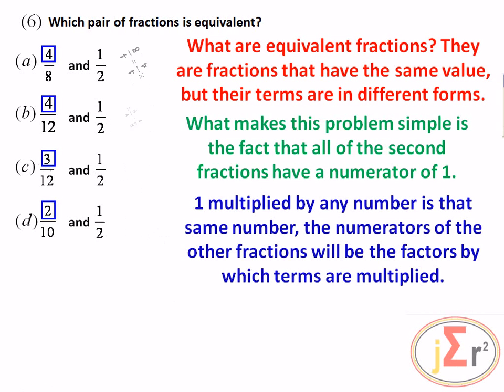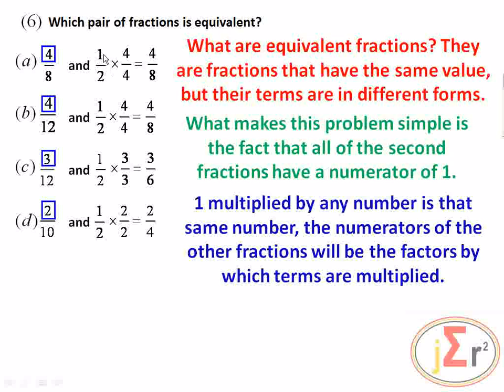When we multiply both numerator and the denominator by the same factor, or we say by a common factor, then these are the result. When we multiply like this, we get 4 ones, 4. 4 twos, 8. Then we have 4 ones, 4. 4 twos, 8. 3 ones, 3. 3 twos, 6.